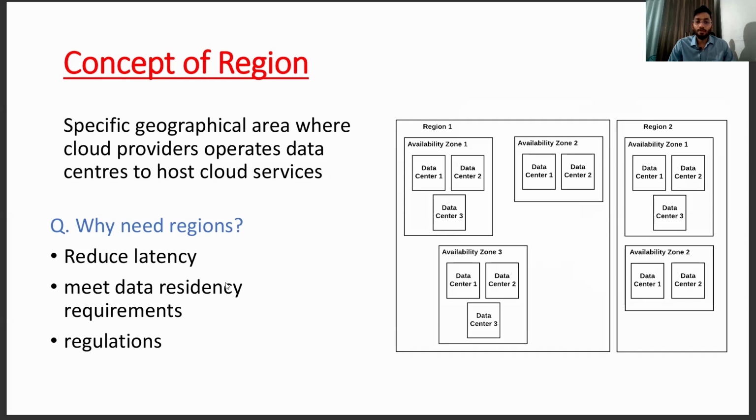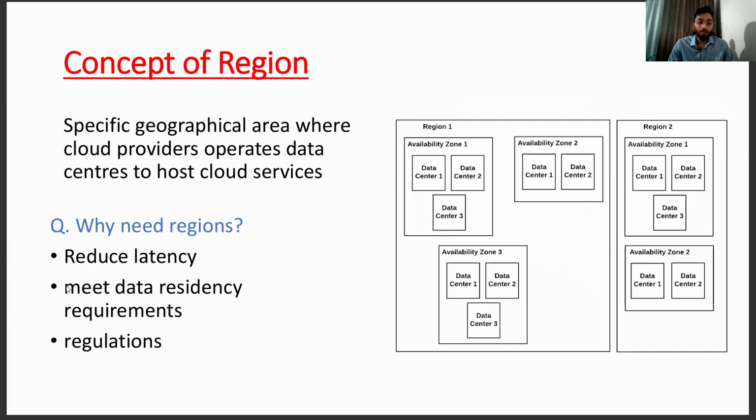What I mean by that is, suppose you are using the Amazon app and you are searching for a laptop, right? You search for laptop. Now, if the network latency is low, then the page will load faster. If the network latency is high, the page will take some time to load.